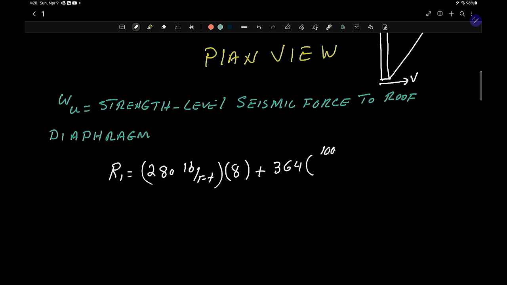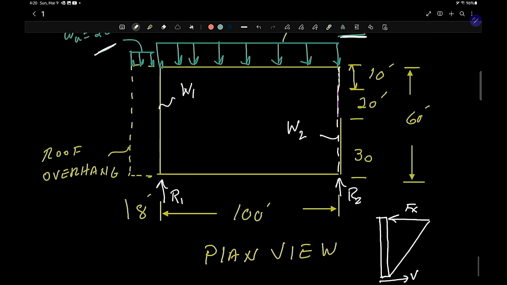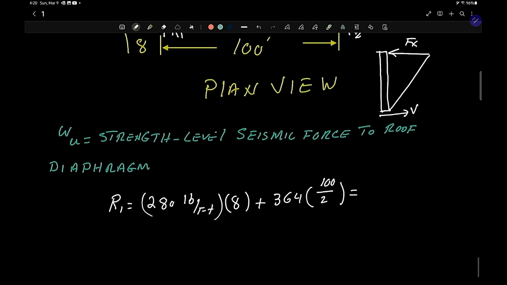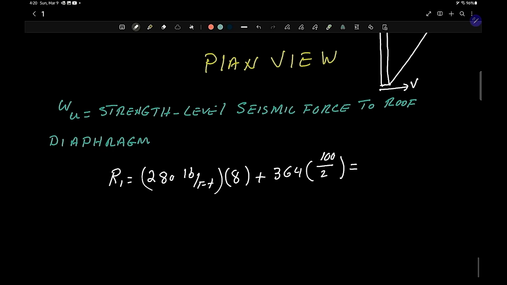For the reaction, that's divided by 2, basically wL divided by 2. So half of this load goes over here, and the other half goes there. But this is pounds per foot, so you have to convert them to pounds, and that's what we're going to do.